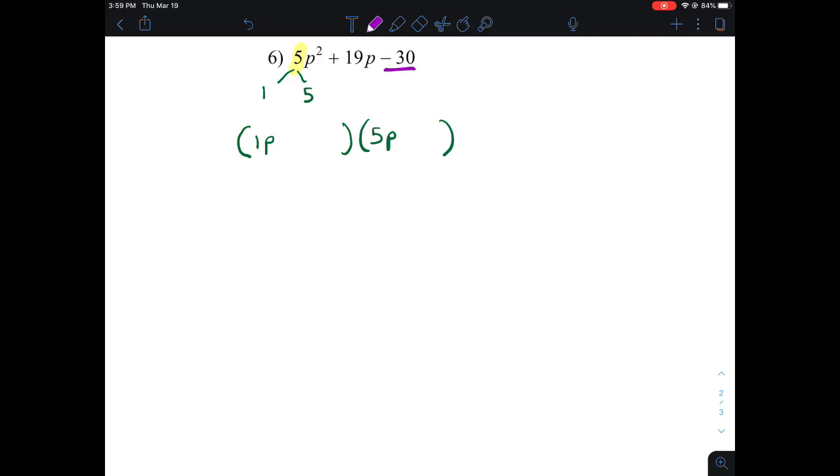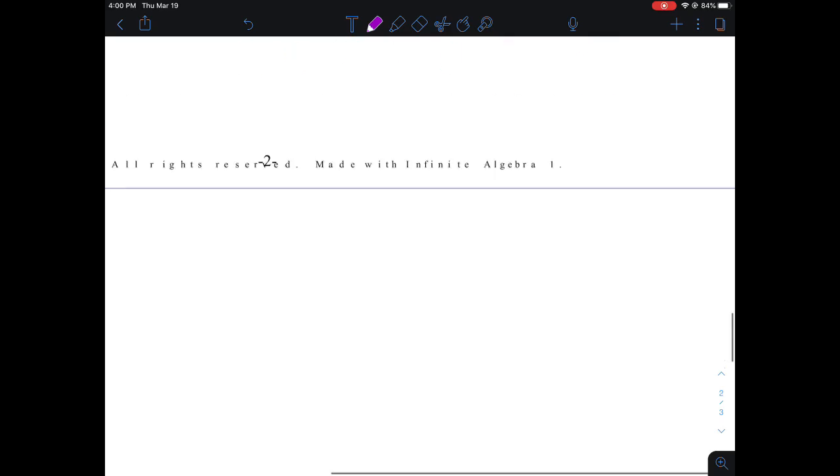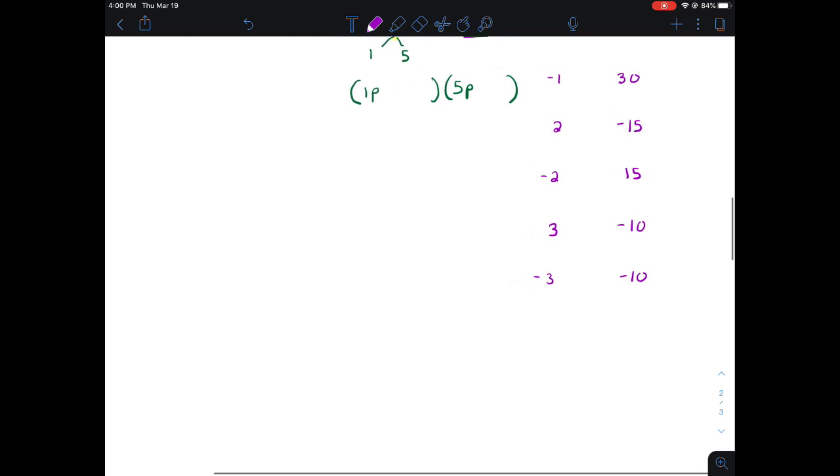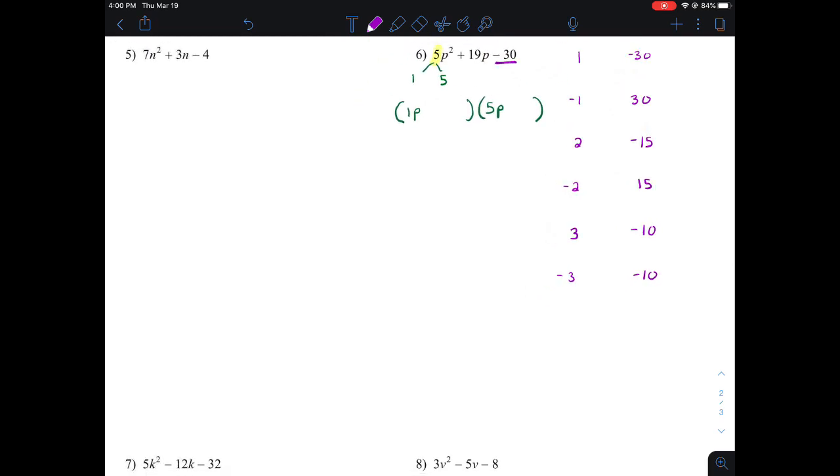So the numbers that make negative 30: 1 times negative 30, negative 1 and positive 30, 2 and negative 15, negative 2 and positive 15, 3 and negative 10, negative 3 and positive 10, 5 and negative 6, or positive 5 and negative 6, negative 5 and positive 6, all multiply together to make that negative 30.